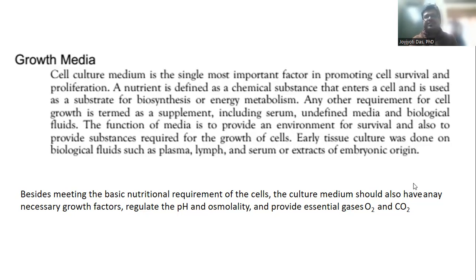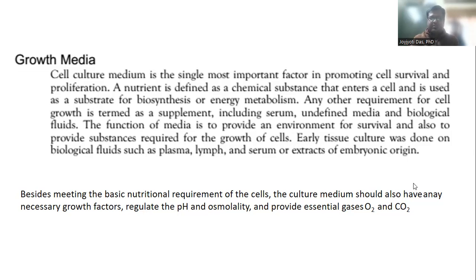One is the synthesis of the biomacromolecules, which are nucleic acids, proteins, lipids, and also at the same time, the metabolism of various metabolic substrates to produce energy in the form of ATP. So all that will come from nutrients that are being provided to the cells.